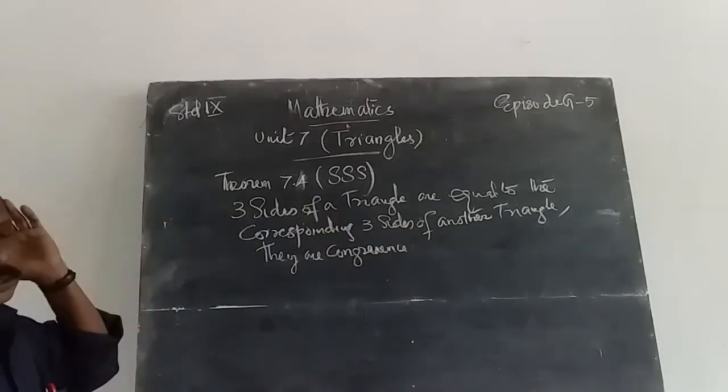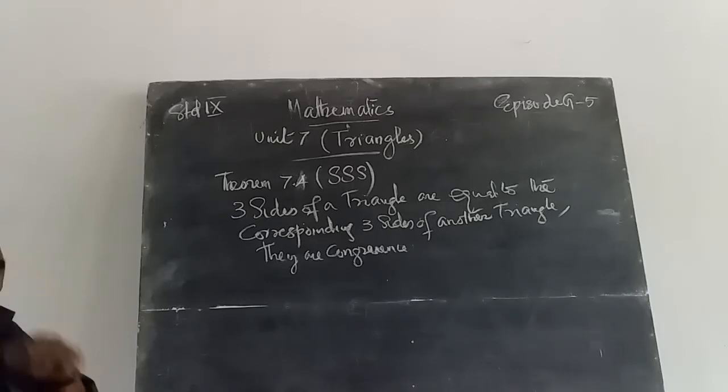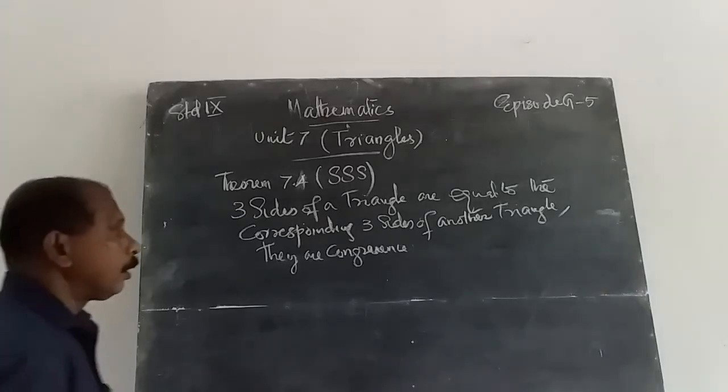That means all three sides of a triangle are equal to the corresponding three sides of another triangle. They are congruent.